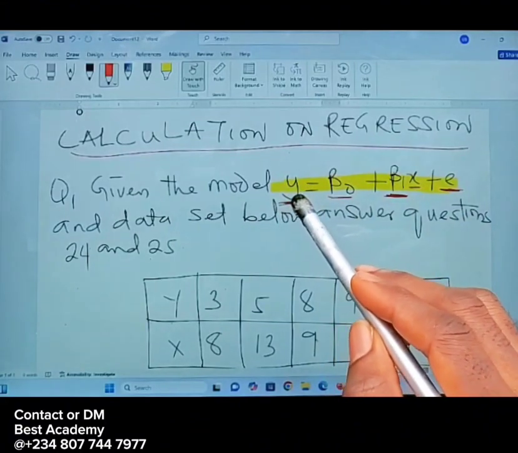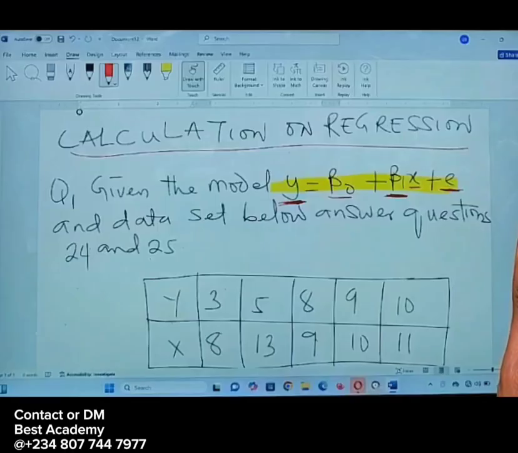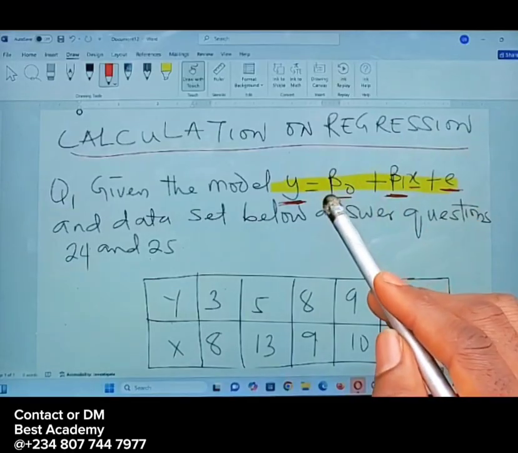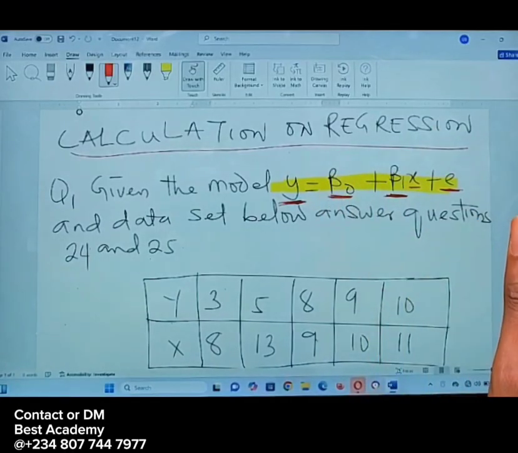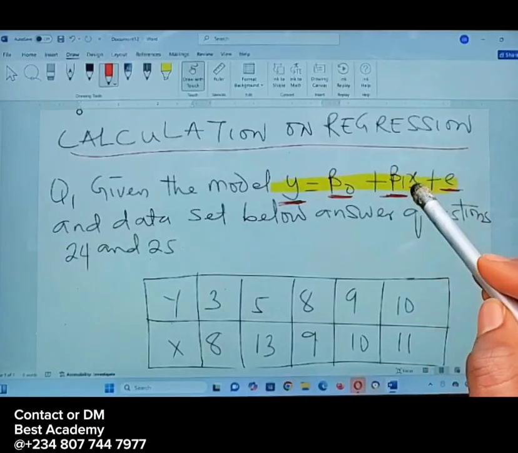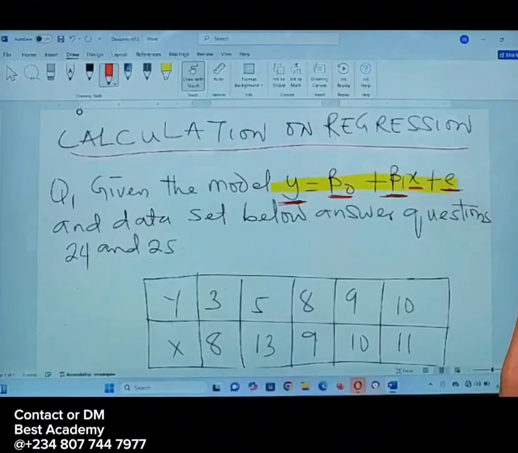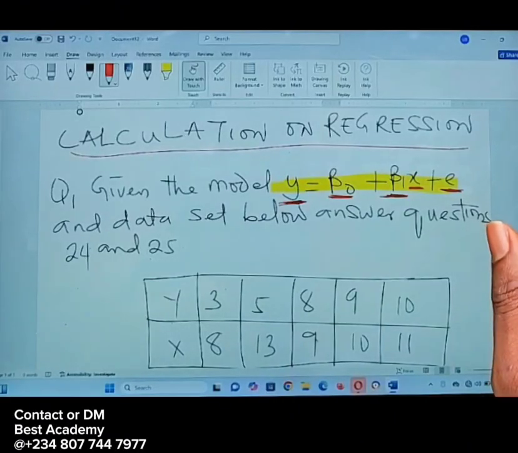This y here is said to be the dependent variable or response variable. This beta naught and beta 1 are said to be regression coefficients, or regression parameters, while the s here is the independent variable or the explanatory variable, while the e here is the error, that is disturbance error or random error. You can call it either disturbance error or random error.